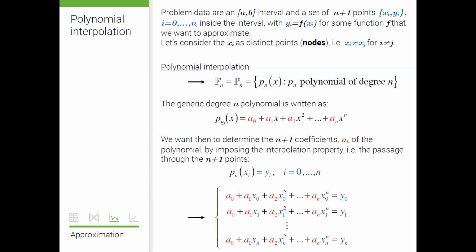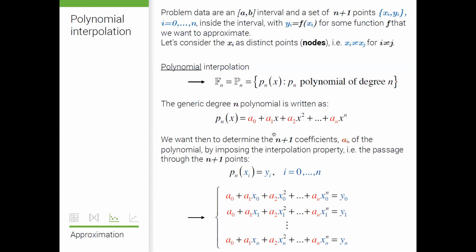Here is the nth degree polynomial with coefficients ai, where i changes from 0 till n. We want then to determine the n plus 1 coefficients ai of the polynomial by imposing the interpolation property, meaning passing through the n plus 1 points.